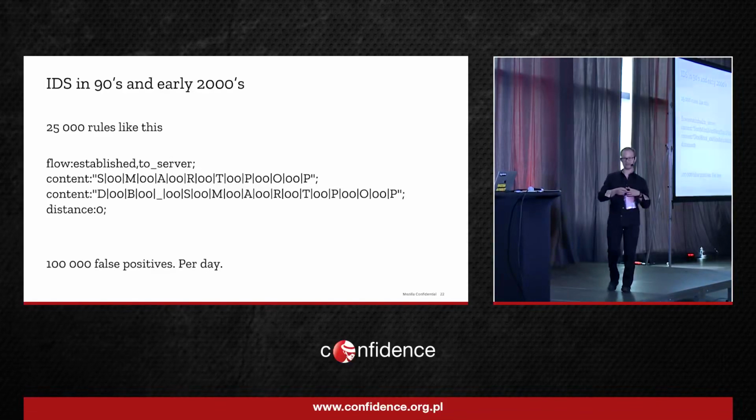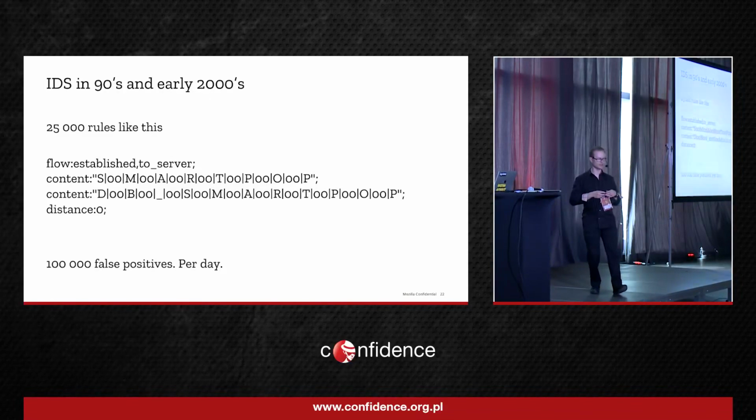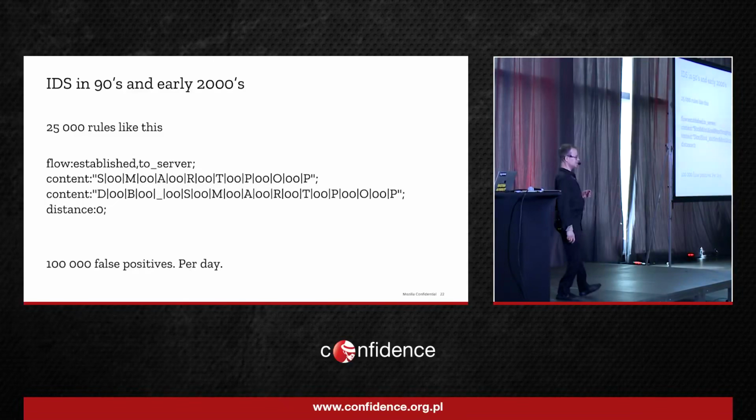It was basically an intrusion detection system with like 25,000 rules full of things you cannot really understand. When I deployed something similar, I had like 100,000 false positives per day. I tuned it since then, but it shows that early intrusion detection systems were just limited to consuming an insane amount of rules and matching traffic against those rules. If something matches, raise an alert.